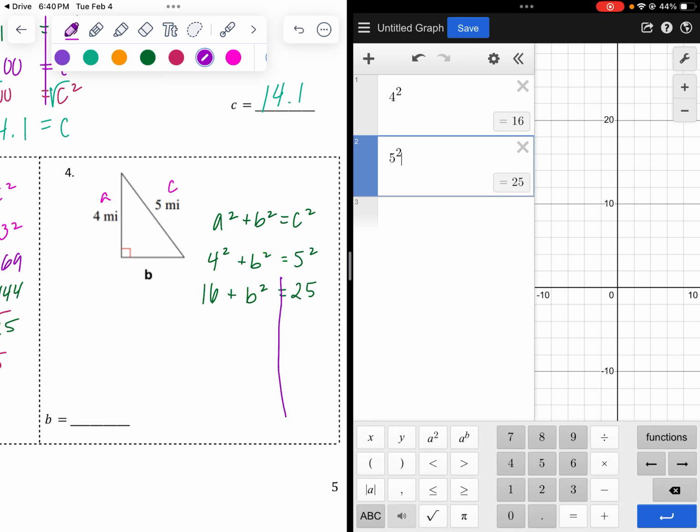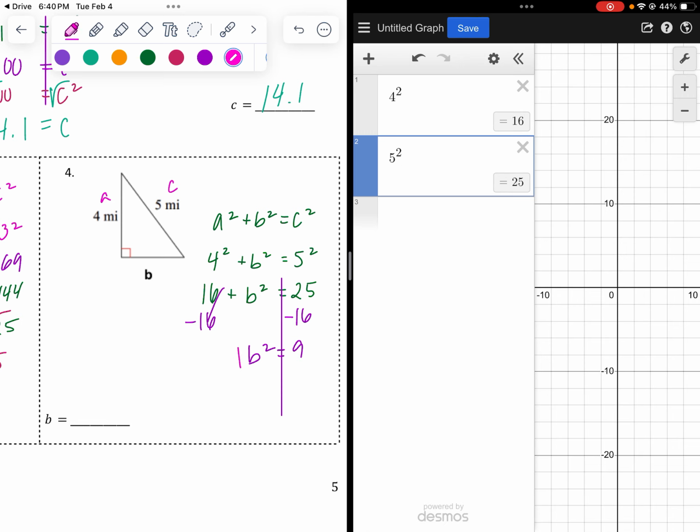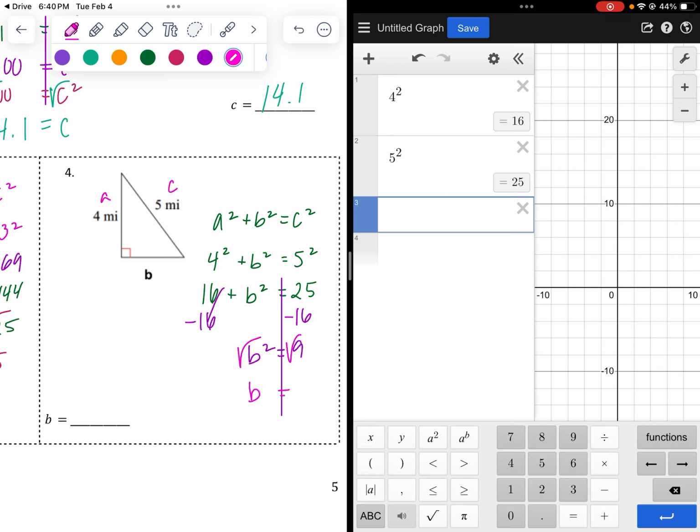And from here, I'm just solving for b. So I'm going to subtract 16 on both sides. B squared is equal to 25 minus 16. What is that, 9? Same exact thing. I have to find one b, so I'm going to take the square root of both sides. So the square root of 9 gives me a value of 3.